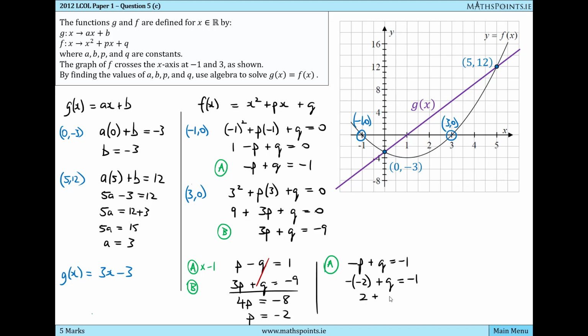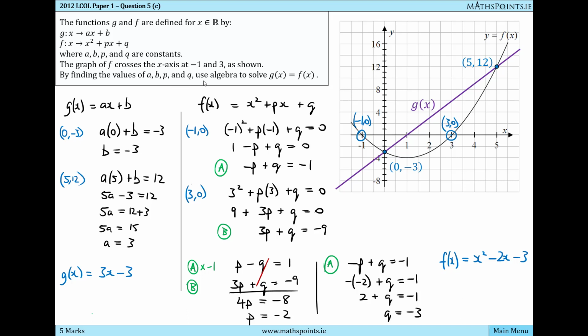Subtracting 2 from both sides, we get that q is equal to minus 3. And so rewriting the f function, we have that f of x is equal to x squared minus 2x minus 3. So we found the values for a, b, p, and q.